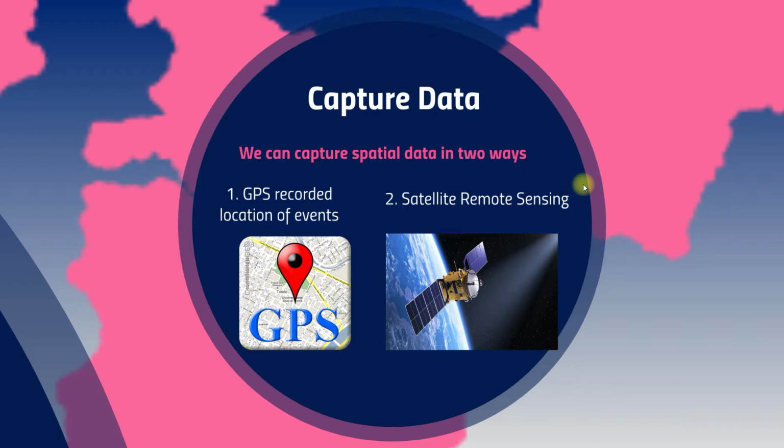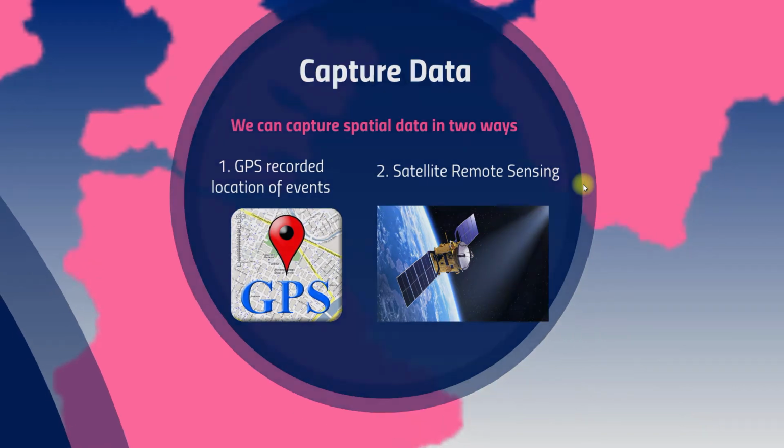By this GPS you can easily know the location of yourself or others. The data is captured from the GPS recorded location of events. And the second one is satellite remote sensing. So the two ways of capturing the data are GPS recorded location of events and satellite remote sensing.